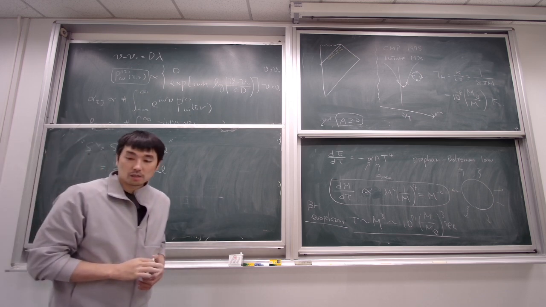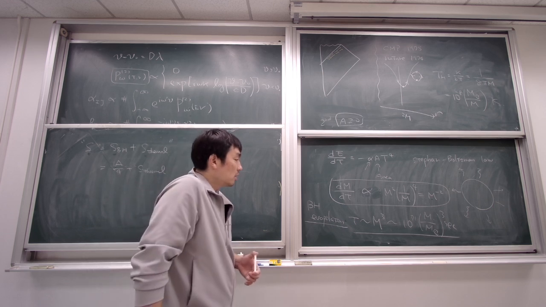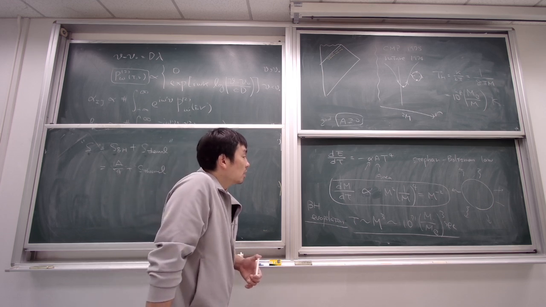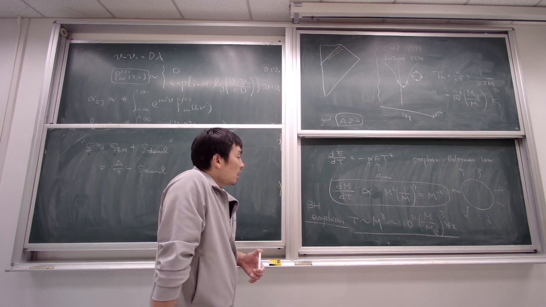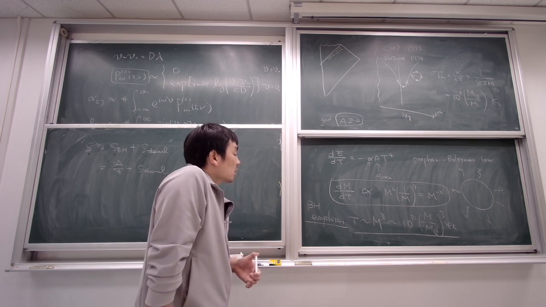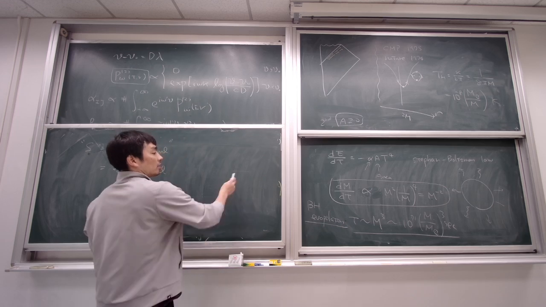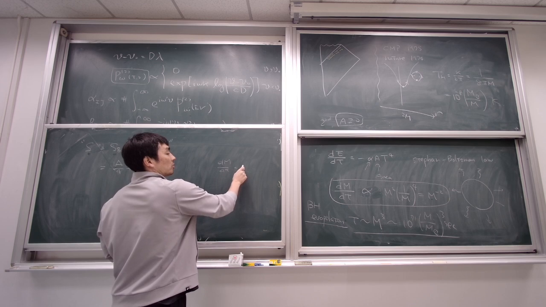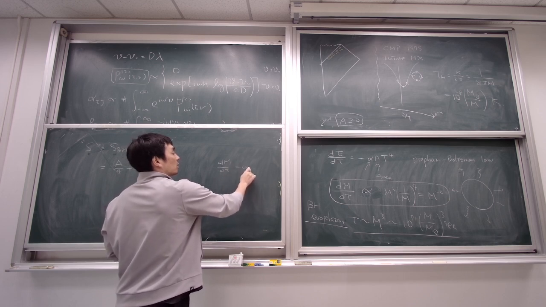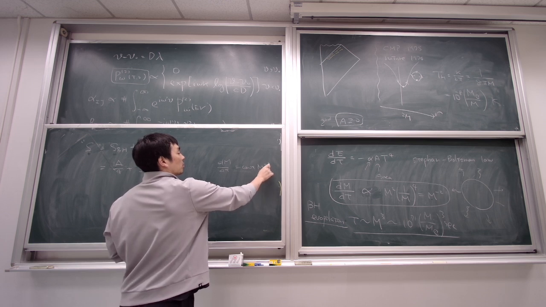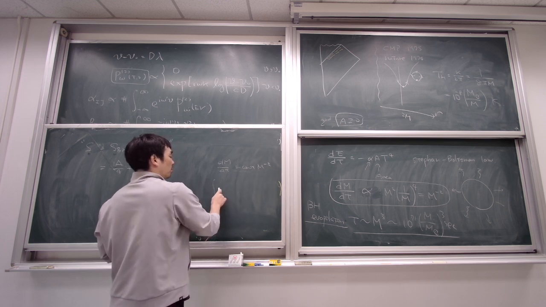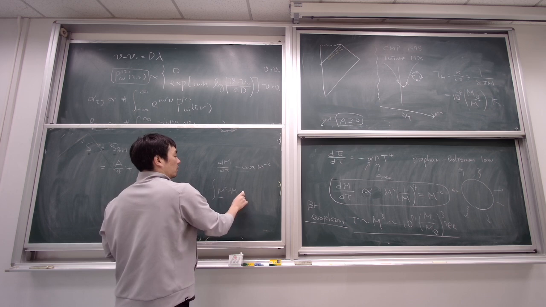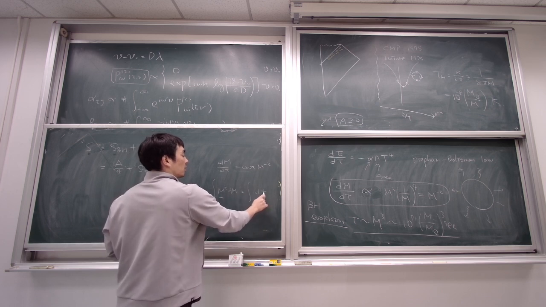Fine. And how is it proportional to the cube of the mass? Let's see, you just do the calculation. dm divided by dt is equal to some constant times m to the minus 2, right? So m squared dm is equal to dt.